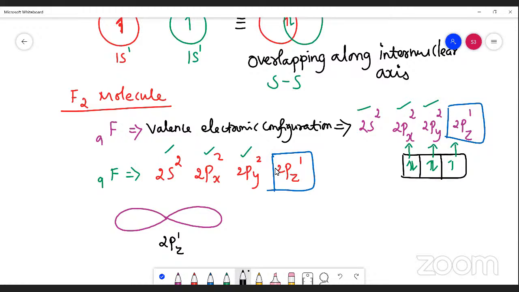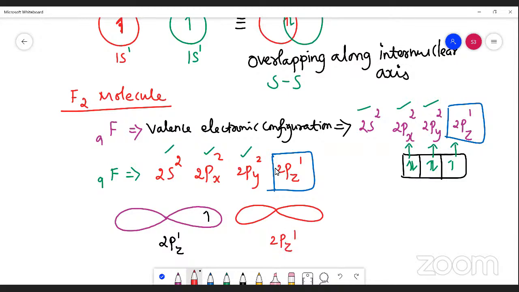So I am showing this one unpaired electron of one fluorine atom. I am taking only the pz orbital and leaving x and y, which will act as lone pairs of electrons. And in the same way, here is the second 2pz orbital of the fluorine. I am just showing it like this. This is also a p orbital dumbbell shape.